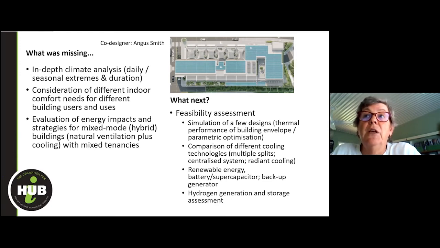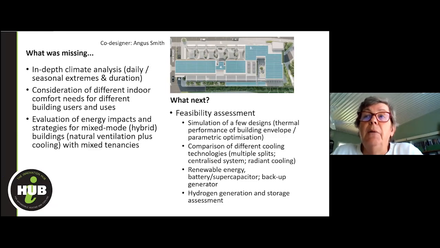For example, it is not uncommon in Queensland aged care facilities to have multiple split units. We want to be able to compare some of these designs. What's the energy and cost implication of multiple splits compared to a centralised air or water-cooled system, and or compared to a theoretical high-performance radiant vacuum panel cooling?